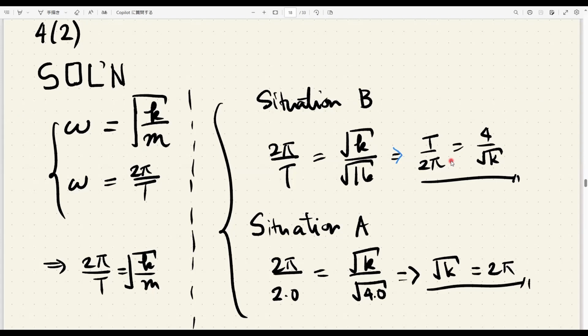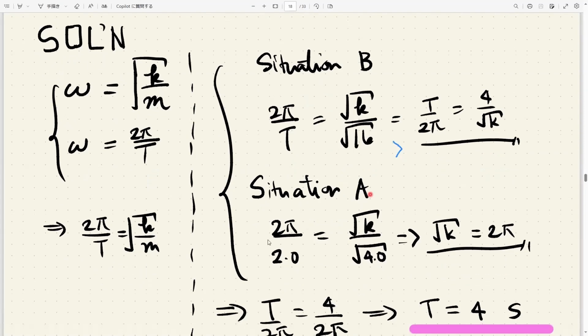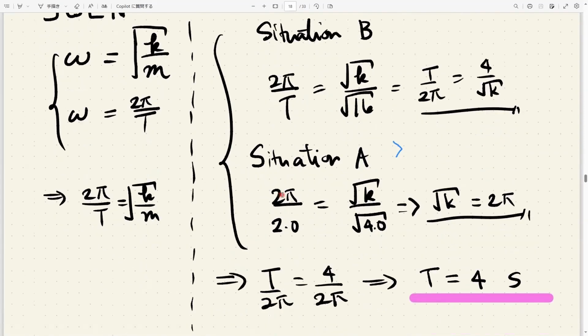So now we have T over 2 pi, so we flip that, and square root of 16 is 4, so we have 4 over the square root of K. Now to get the square root of K, we look at situation A. We were told that it's also in simple harmonic motion, so this one still applies. So 2 pi over the period, which is 2, equals square root of K over the square root of 4, which is 2.